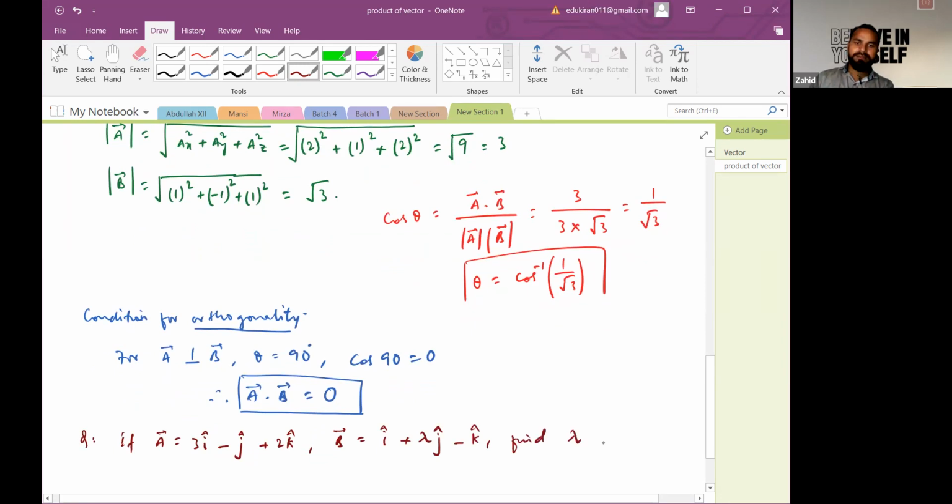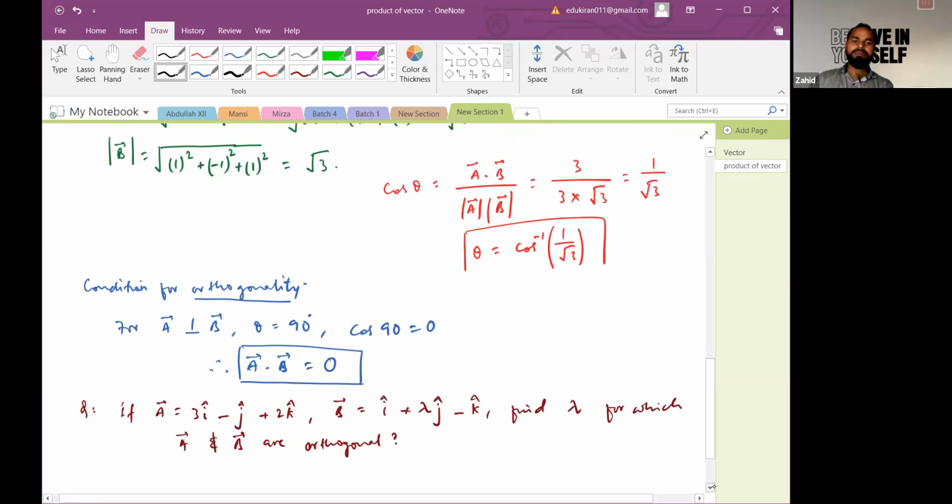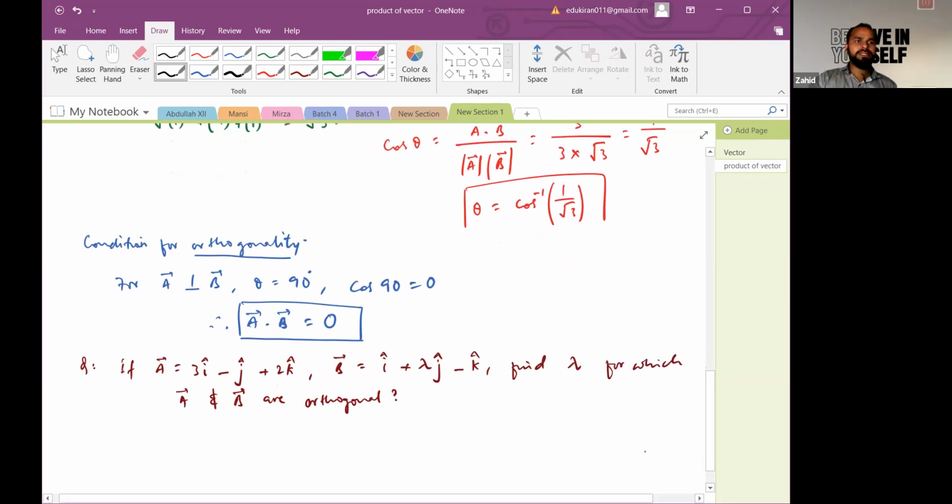Find lambda for which A and B are orthogonal or perpendicular. Just use the above concept, take the dot product of these two terms and put it to 0. You'll get your answer.